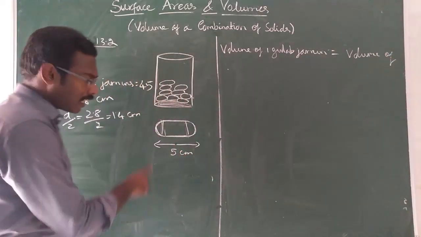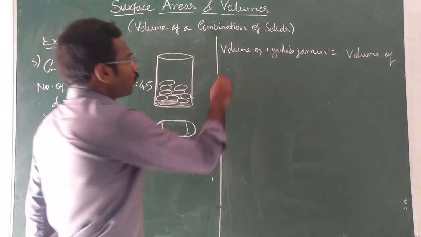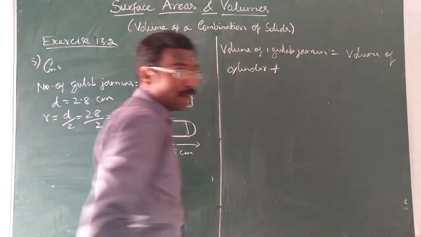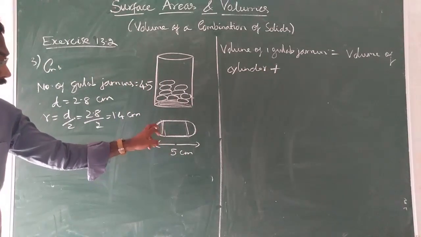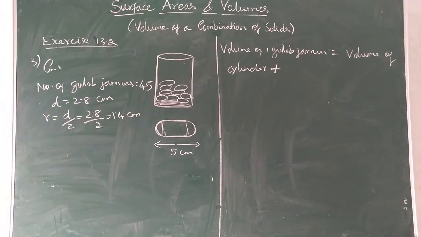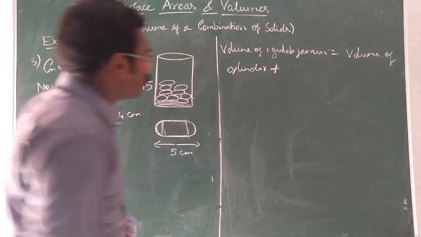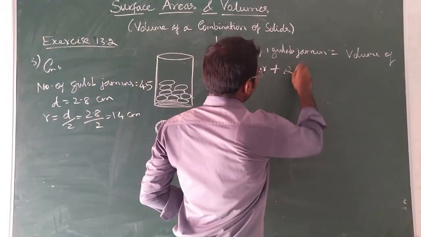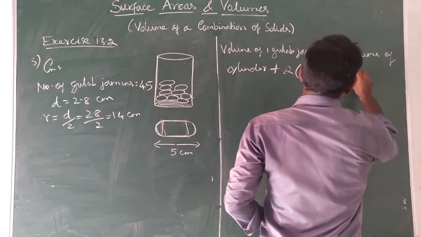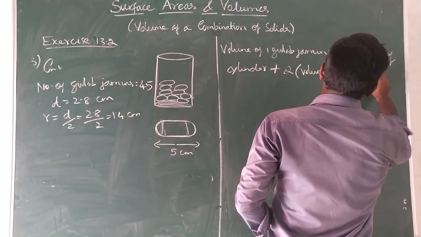One cylinder is there and two hemispheres are there. So volume of cylinder plus how many hemispheres here? Two hemispheres. You should consider both the hemispheres of the same shape. Okay. So two into volume of hemisphere. Understood or not? Okay.